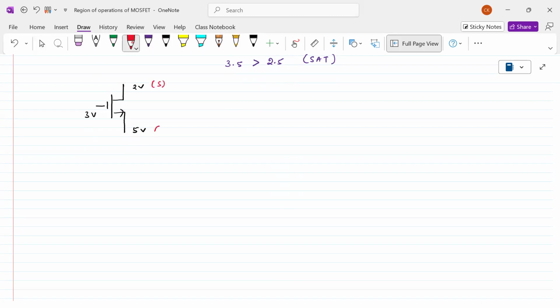What about this one then? It could be the drain. And this one is definitely the gate. What is the VGS now? VGS and VTN: gate to source potential is 1 volt, and VTN is 0.5. Definitely it's greater, so the transistor is on. What about VDS?